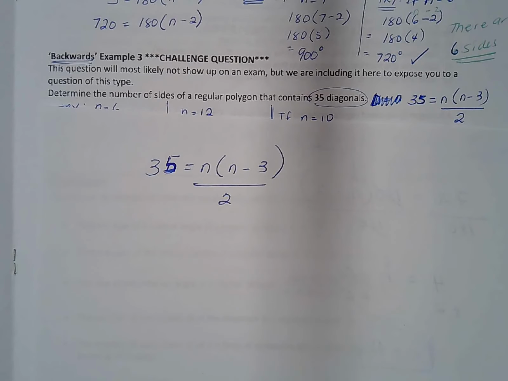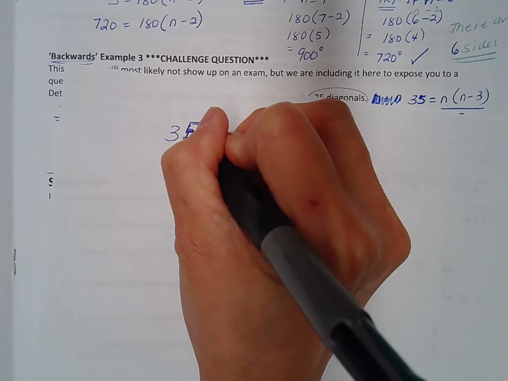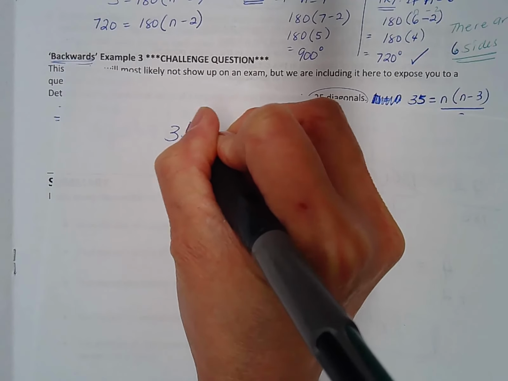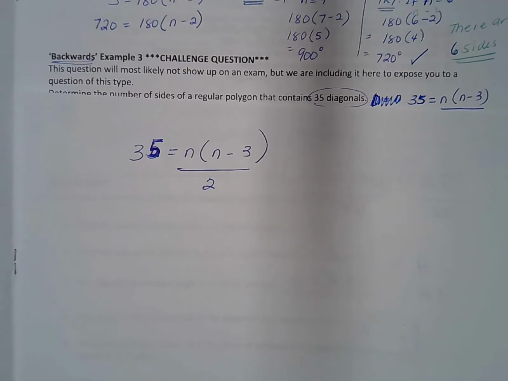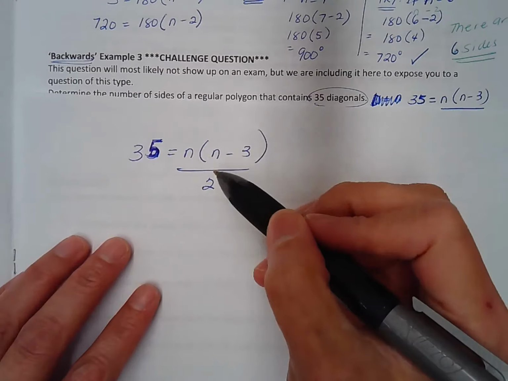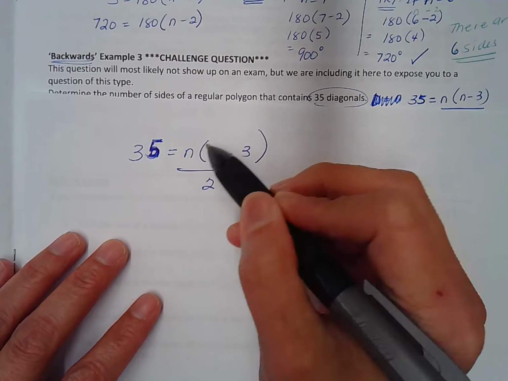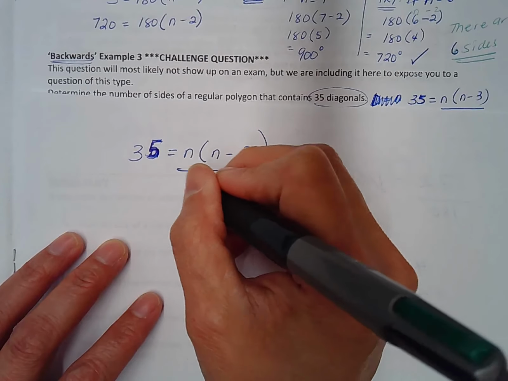Okay, so how can we solve this algebraically and with logic? Let's take a look at this. Let's try to solve for n. Cross multiply.